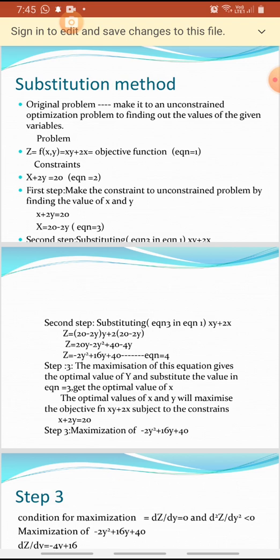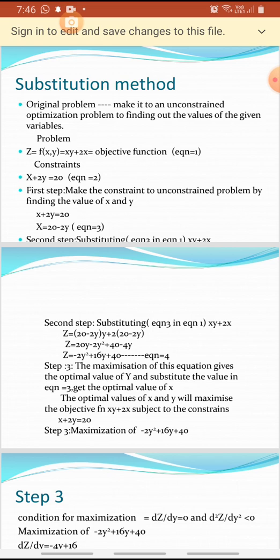So we get z is equal to 20y minus 2y square plus 40 minus 4y. Like in a quadratic equation, we rearrange it: z is equal to minus 2y square plus 16y plus 40. Mark it as equation 4.